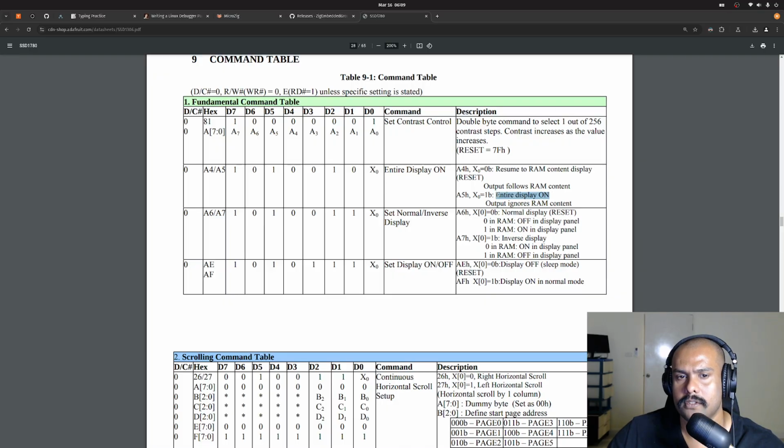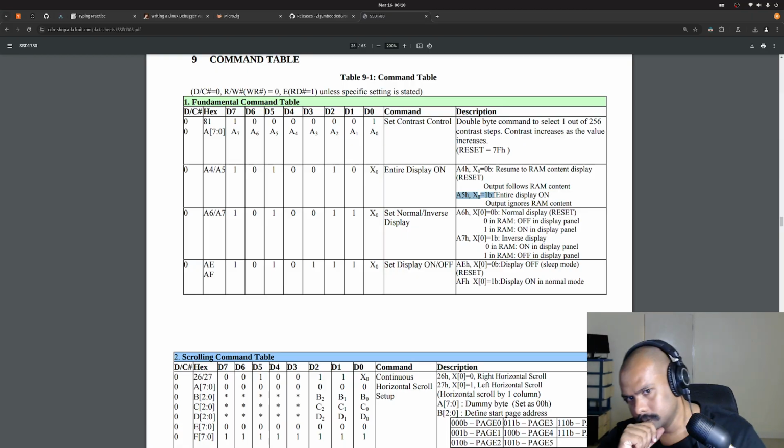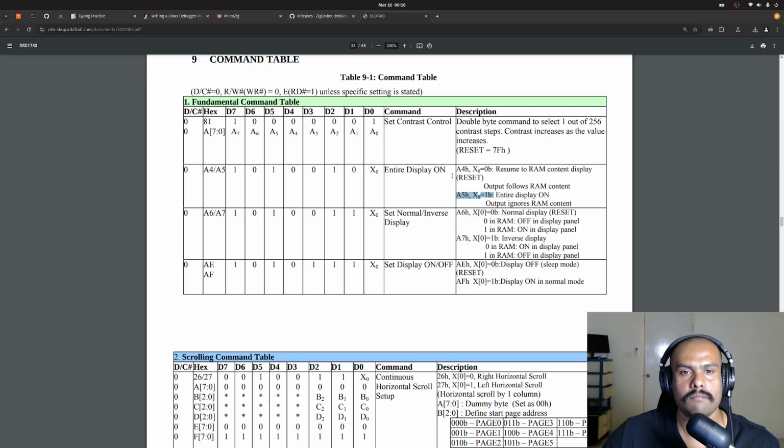So that means all I need to send is this to be able to turn the display on. Now the question is, I still don't know how to send all these bytes.